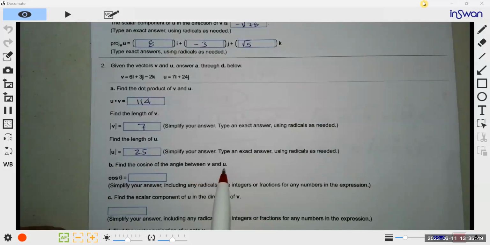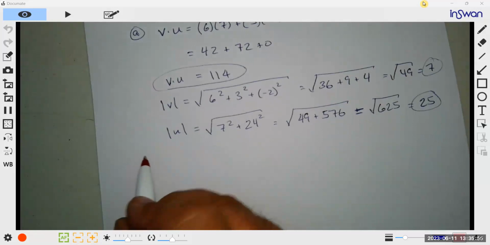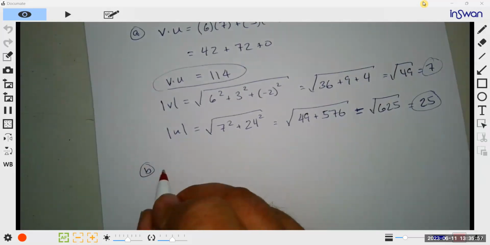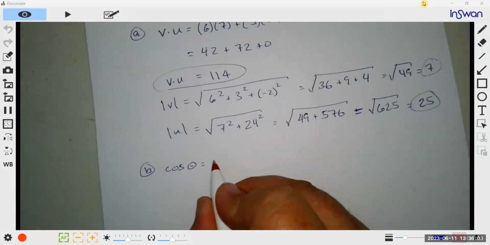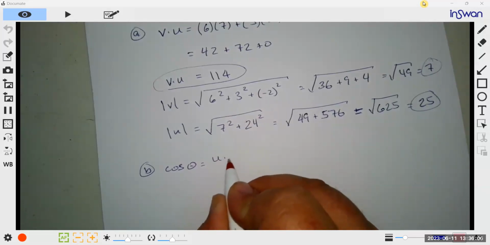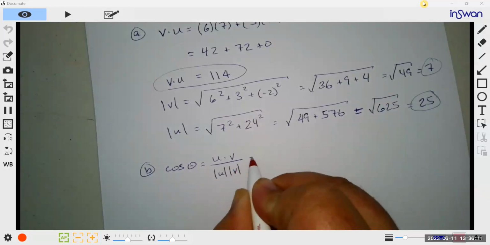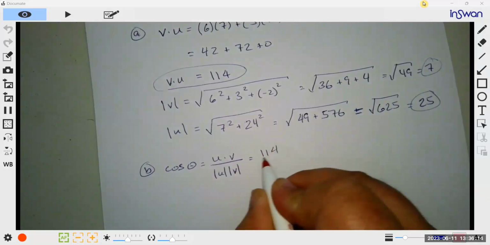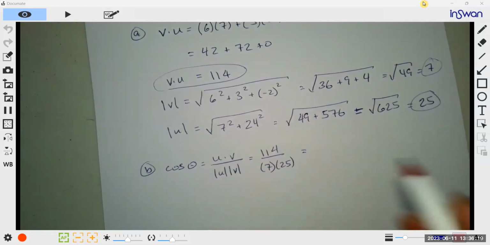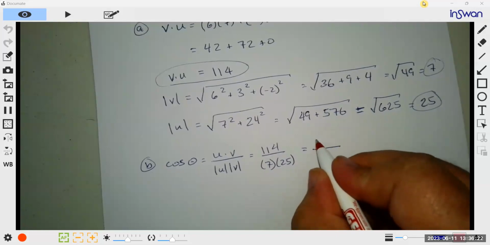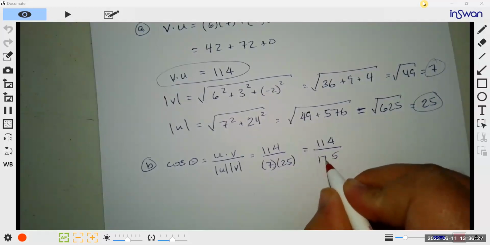Now find the cosine of the angle between u and v, or v and u. The cosine of the angle is u dot v, which is 114, over 7 times 25, which is 175.